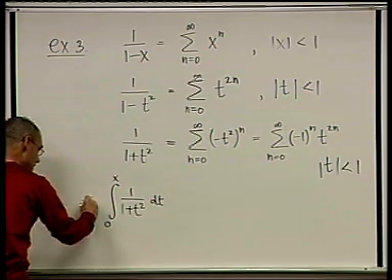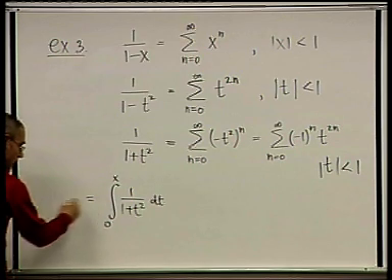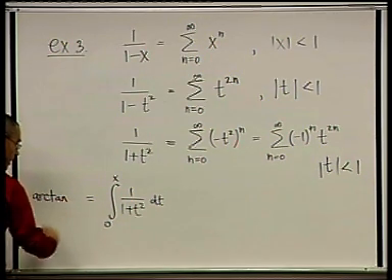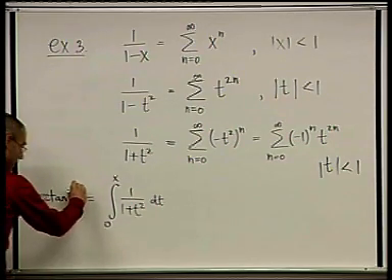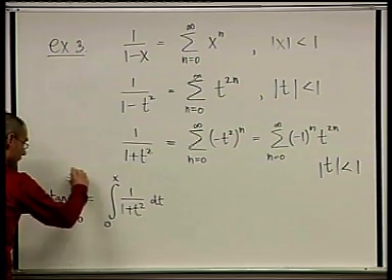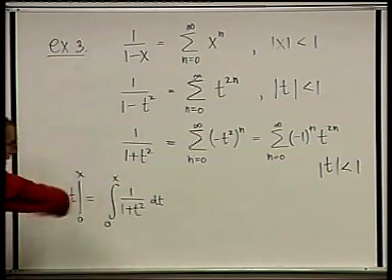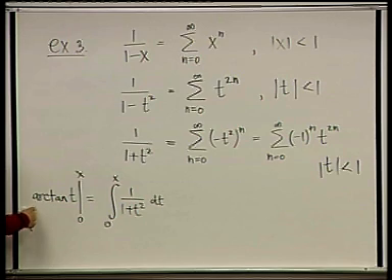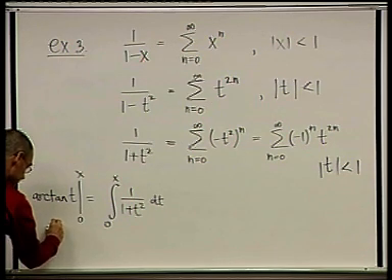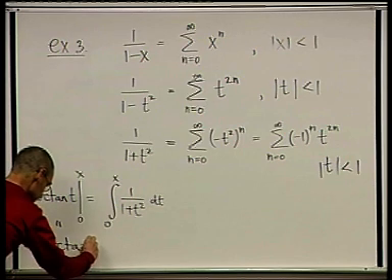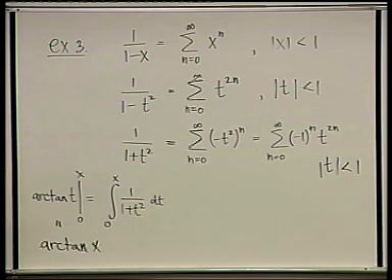On the one hand, this is just arctan of t evaluated between 0 and x. I'm writing this like in Hebrew now because that way I can do the other direction. Do you agree to this? And what is this? This is just arctan of x. Does everybody agree so far?